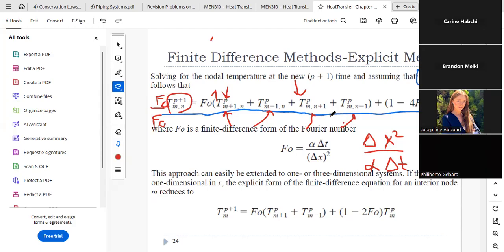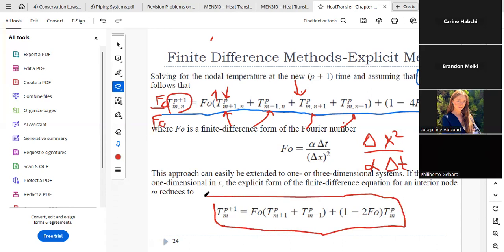Now, in general, we can have 2D, but also we can have 1D or 3D. Okay, if we want to apply the same approach in the 1D case, things will be much easier. And we can derive together a much simpler form for T m p plus 1. Let us do it together to see how we get the expression of variation in temperature in explicit form in the case of 1D.